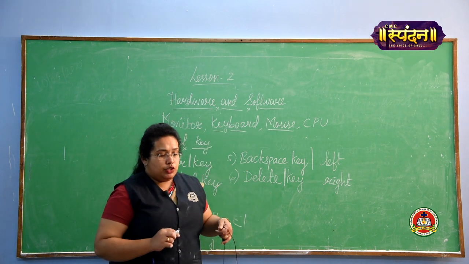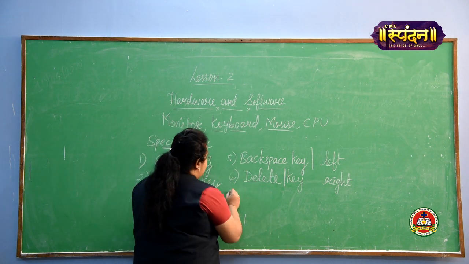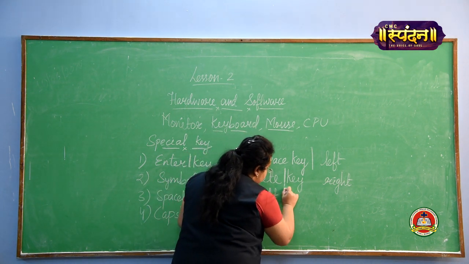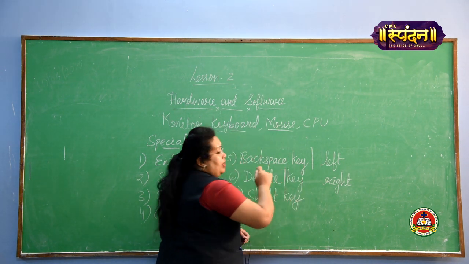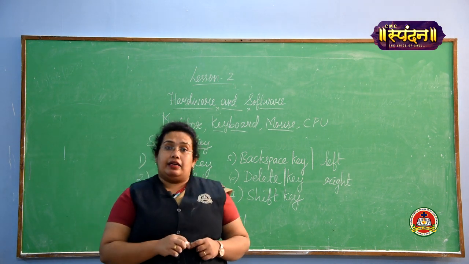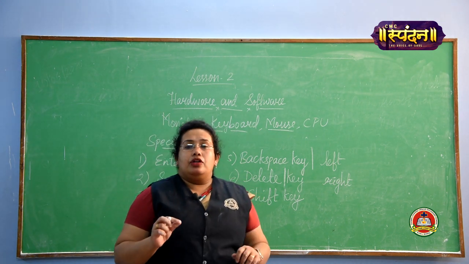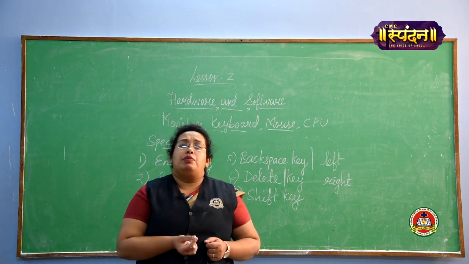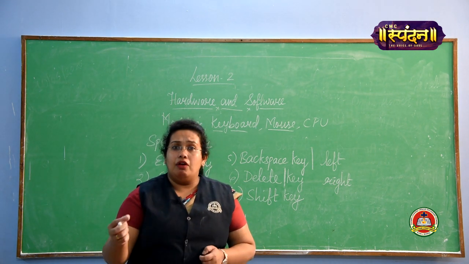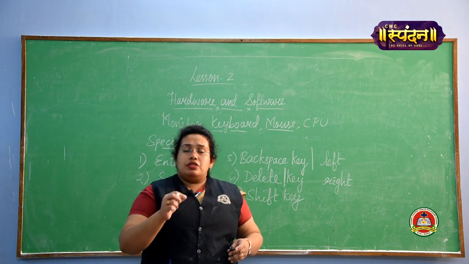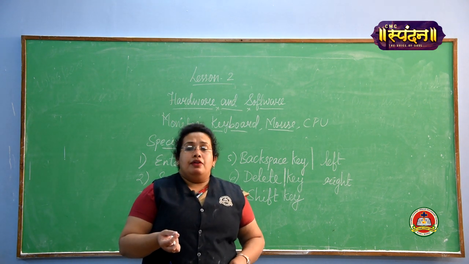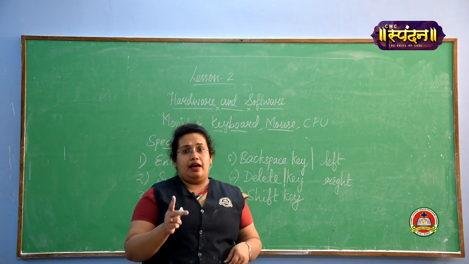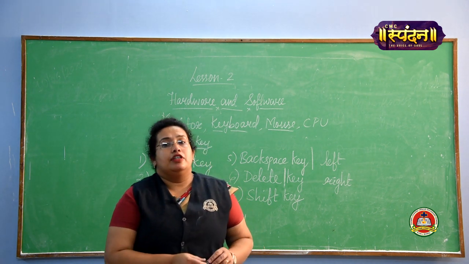So the next key which we are moving to is known as the shift key. This is a very important key because without the shift key we cannot type any special character. You have all seen on your keyboard where numbers are given, just at the top of that we have different types of characters. To use those characters, we have to use the shift key. We have two shift keys on our keyboard.